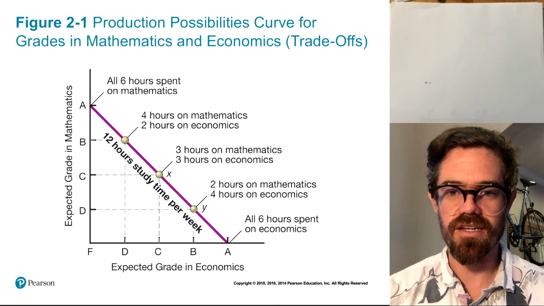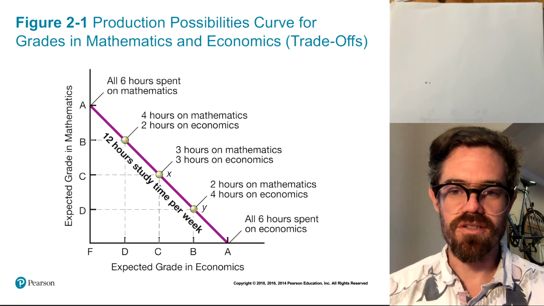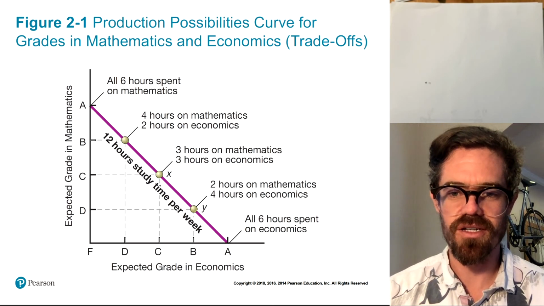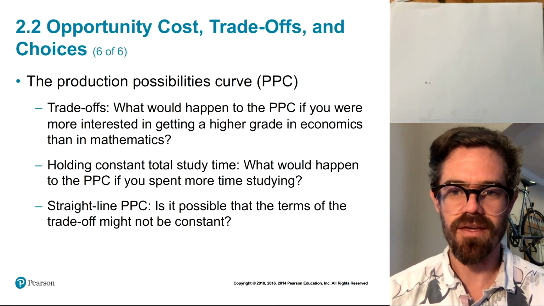So if you start at having an A in math and an F in economics, and you want to improve your grade in economics to a D, you're giving up one letter grade in math, and that's true at that point A there. It's also true when you spend all 6 hours on math. The trade-off is the same if you spend 2 hours on math and 4 hours on economics, for example, right? It's a letter grade for a letter grade. The trade-off is constant, so that's why it's a straight line. But we'll talk about that more in a second.